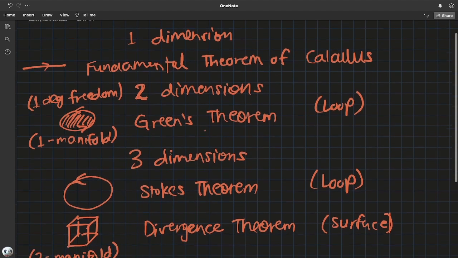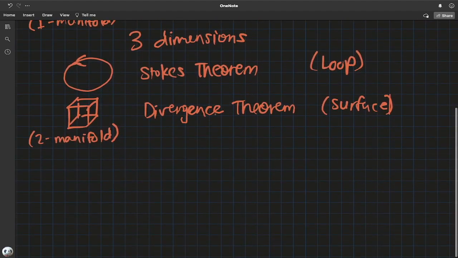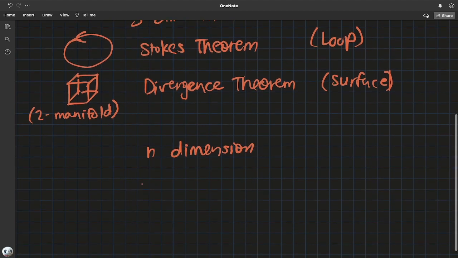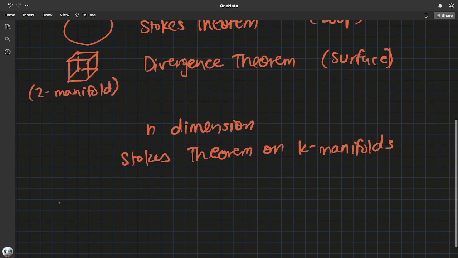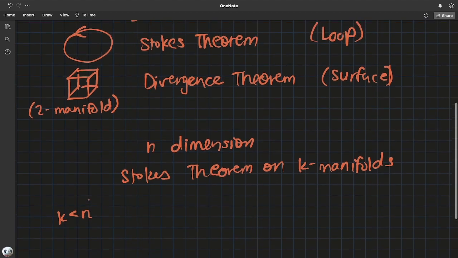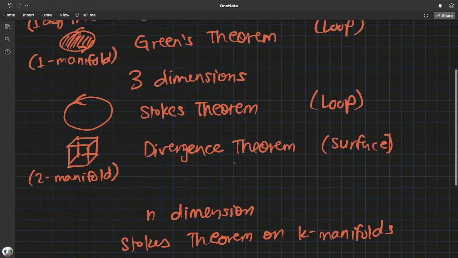And you know what? There's actually a general theorem for n dimensions, any n dimensions. It's called Stokes theorem on k manifolds. Now this number k is always less than n, because notice the general pattern going on.